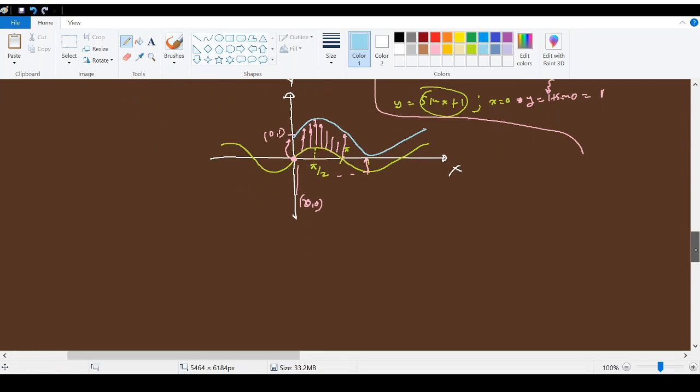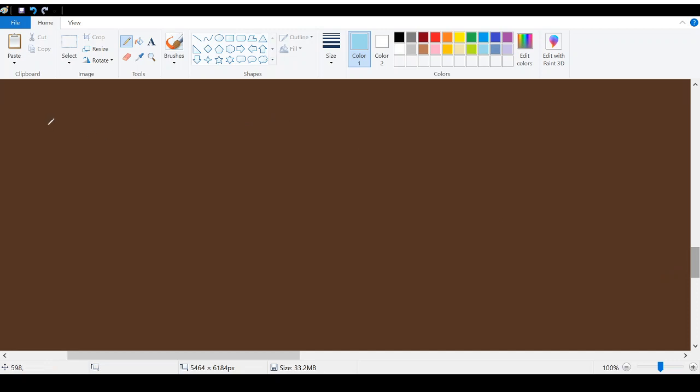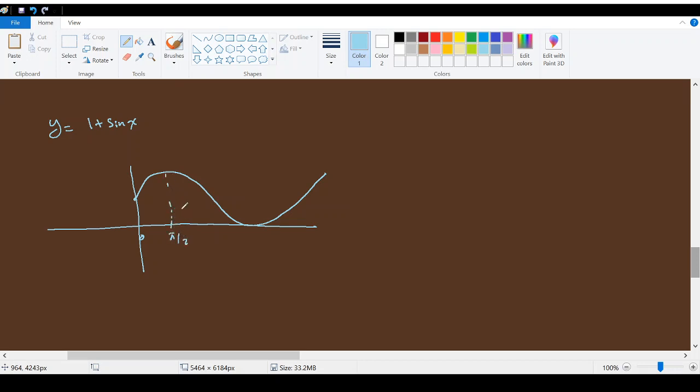That means the curve of y equals 1 plus sin x will take this format. It will go like this. So this is the 0, 0 point, and here you have pi by 2, and here you have 2, here you have 1.